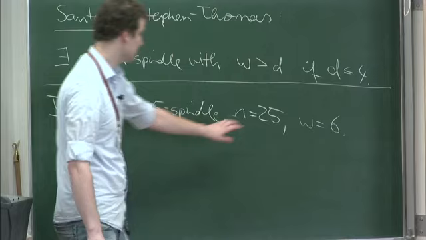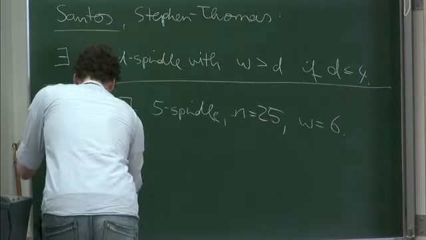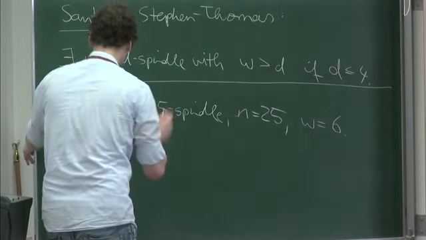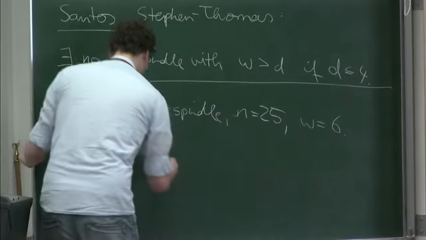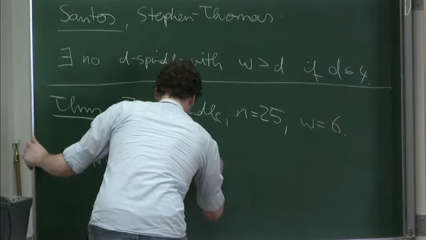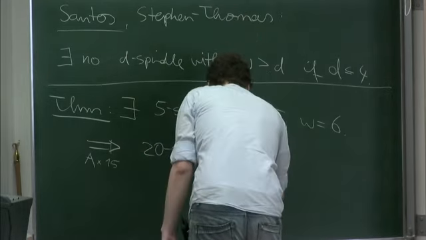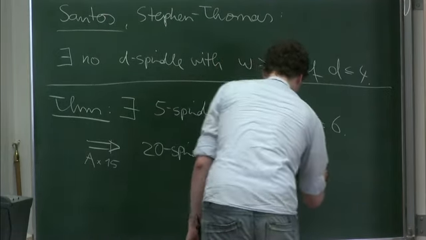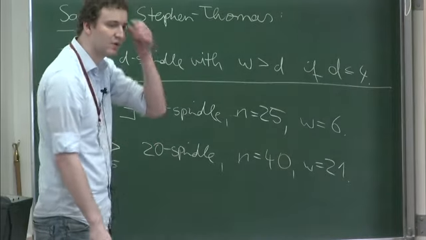Okay, so it has much fewer facets, and therefore applying A, I think 15 times, you get a 20-dimensional spindle with 40 vertices, with n is 40, and width is 21. So this gives a much smaller counterexample.